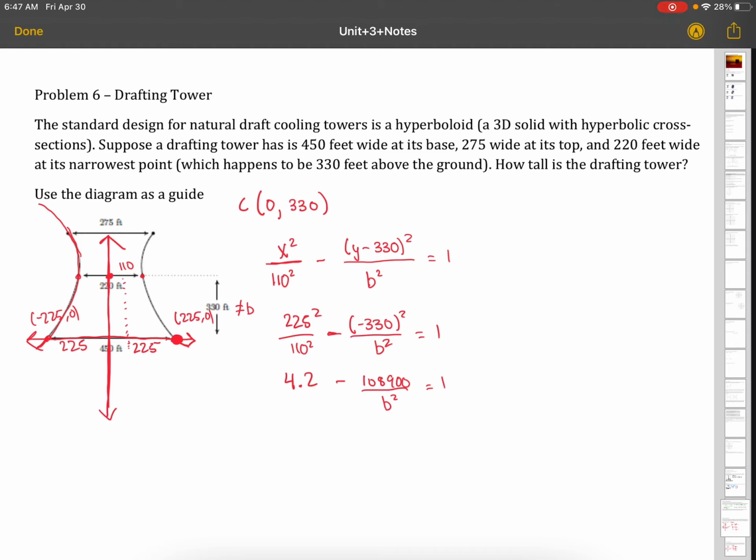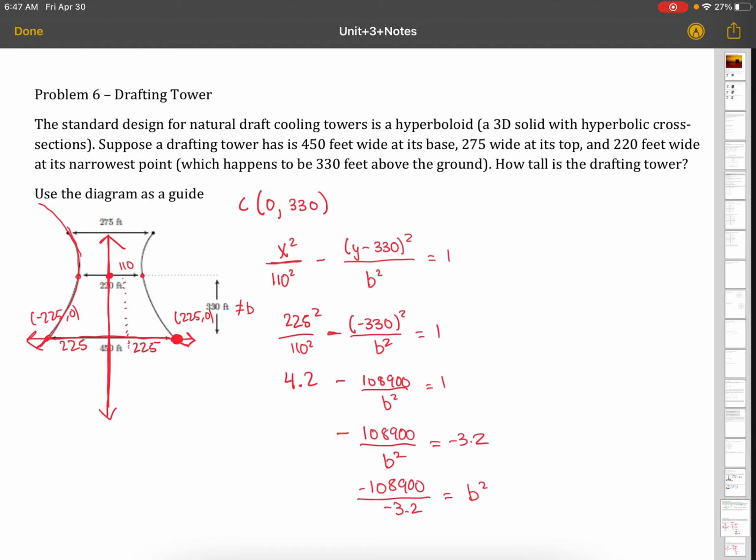Okay, so from here, we're going to get negative 108,900 divided by b squared equals negative 3.2. And then we're going to flip the b squared into negative 3.2. So negative 108,900 divided by negative 3.2 is equal to b squared. And that is 34,031.25.